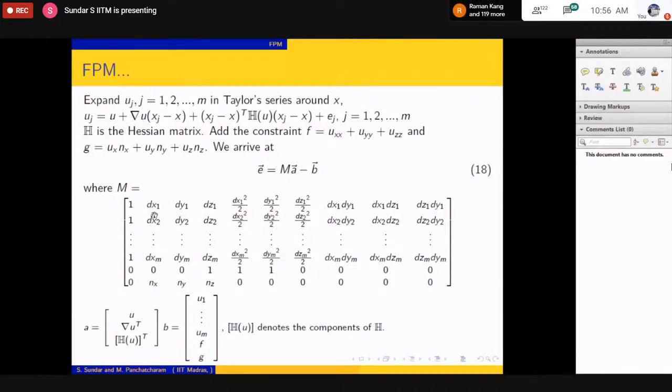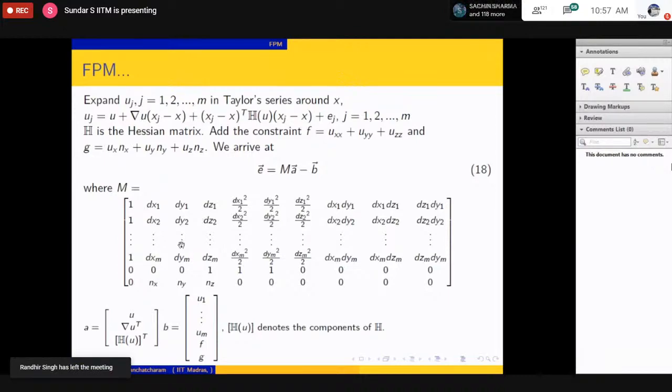Where dxj is nothing but xj minus x. dx1, dy1, dz1 for the first particle, second particle, mth particle. dyj is yj minus y. dzj is zj minus z. So dxi is xi minus x, dyi is yi minus y, dzi is zi minus z.